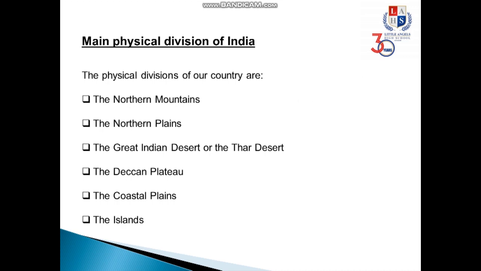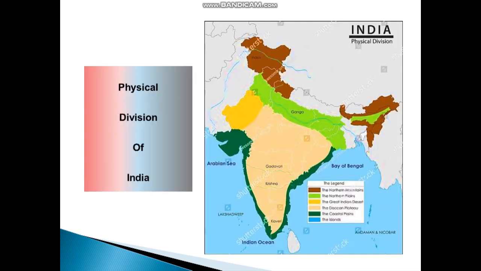Now let's talk about main physical division of India. The physical divisions of our country are the northern mountains, the northern plains, the Great Indian Desert, the Deccan Plateau, the coastal plain, and the islands. If you look at this map, the area that you see in brown color is the northern mountain.